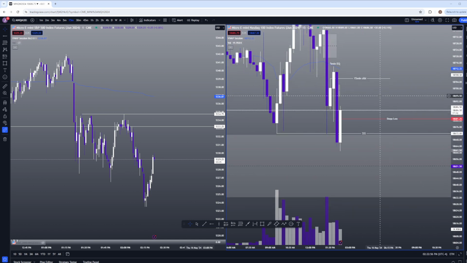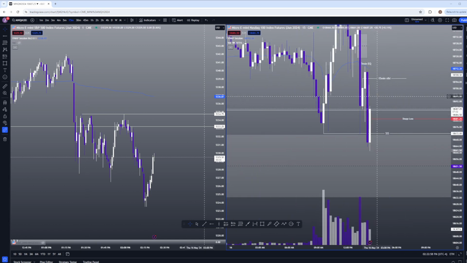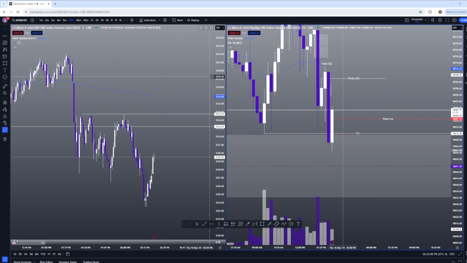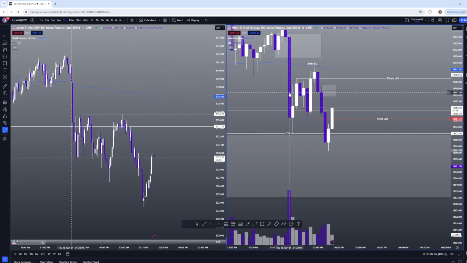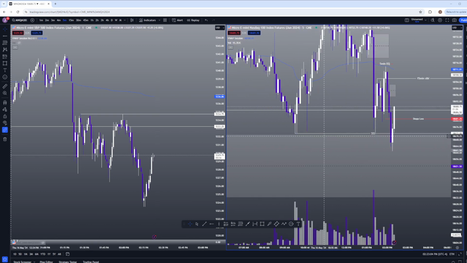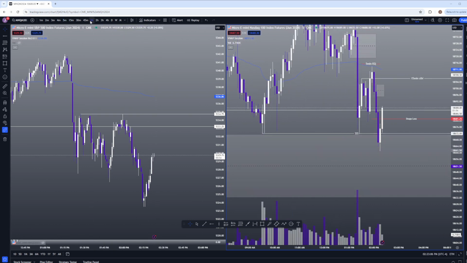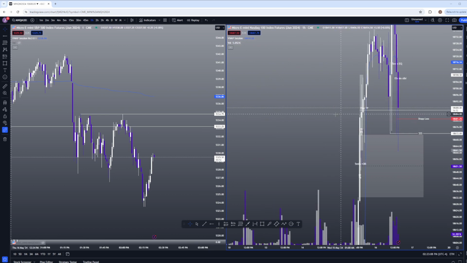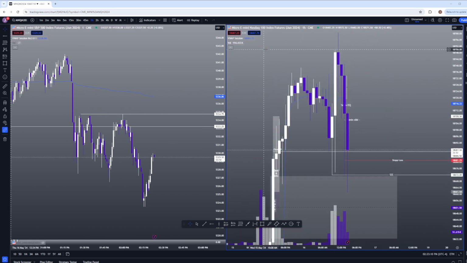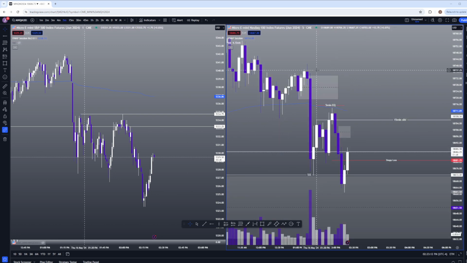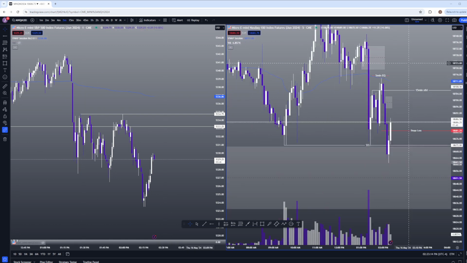Still going to keep my eye out here. If I'm looking at a 15 to 5 minute time frame, I would expect us to continue down. But again, looking at that hourly higher time frame, this looks like a liquidity grab, like we want to head back up and target that buy side, right?